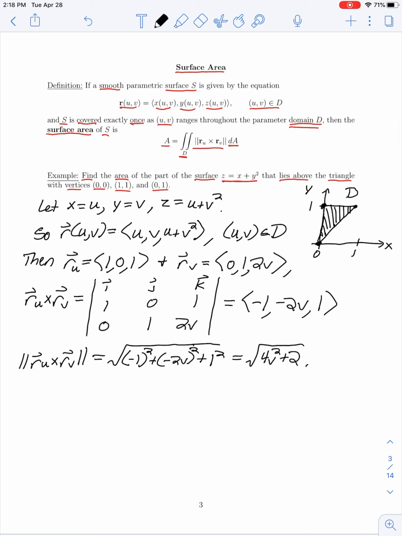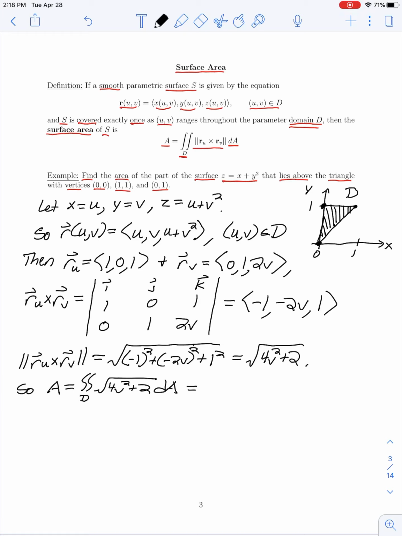All right. So finally, we're ready to set up our integral for the surface area. So here the area of this surface is evaluated as the double integral over our parameter domain D of the magnitude of our tangent vector, which we just found to be the square root of 4v squared plus 2, with respect to A. So let's set this up as an iterated integral.